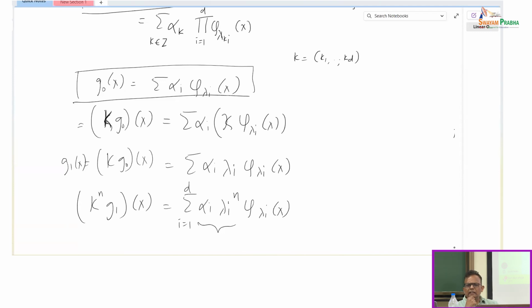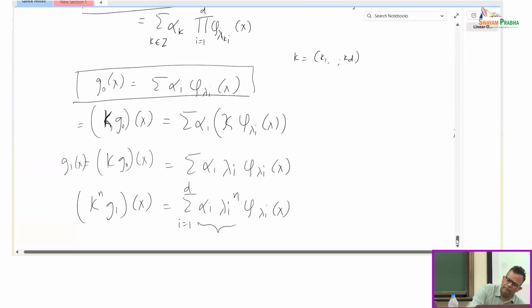So let's say you have phi lambda 1 times phi lambda 2, right? If you make the Koopman operator act on it, then the eigenvalue will be lambda 1 times lambda 2. That's what we discussed.